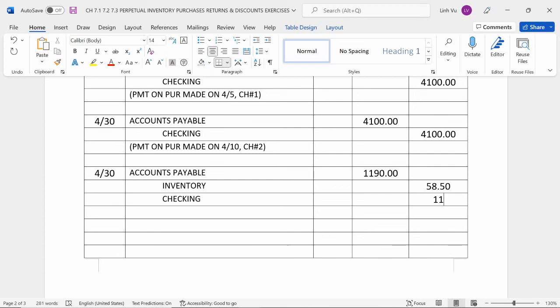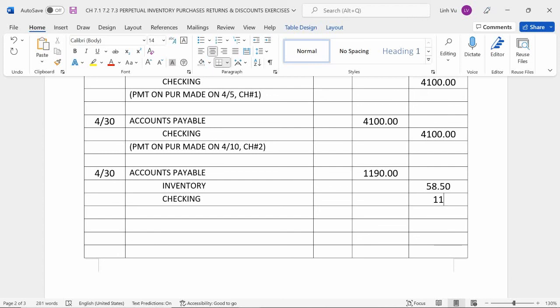So how much am I actually paying? So it'll be 1170. What about the discount? So right now I owe $11.90. Okay? I'm going to take a discount for $58.50.